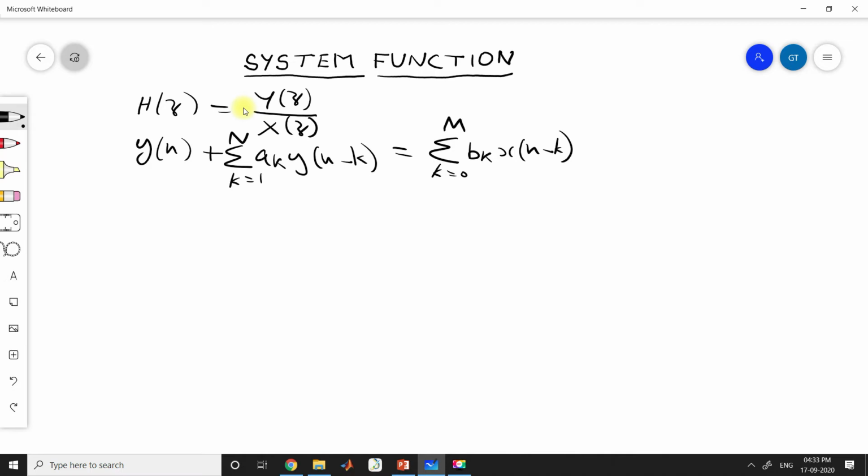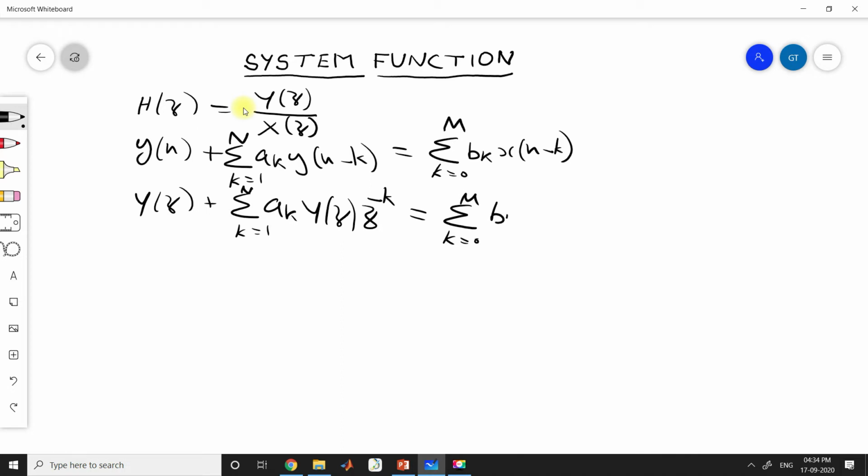Here we have taken the y terms to the left side and x terms to the right side. Now take the z transform on both sides, so that we get Y of z plus sigma k equal to 1 to n ak Y of z into z raised to minus k, which is equal to sigma k equal to 0 to m bk X of z into z raised to minus k.